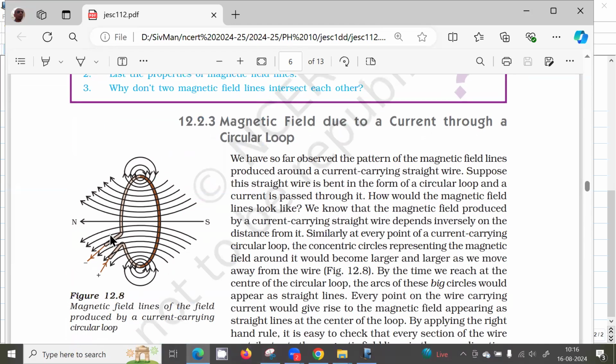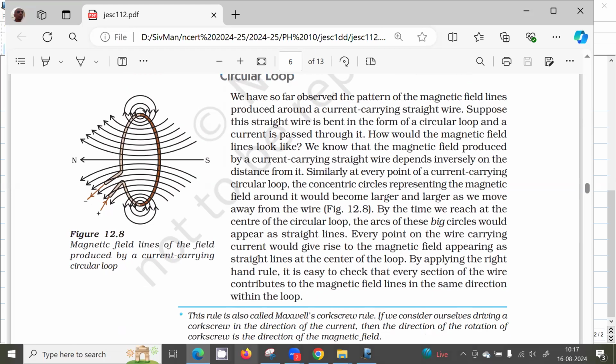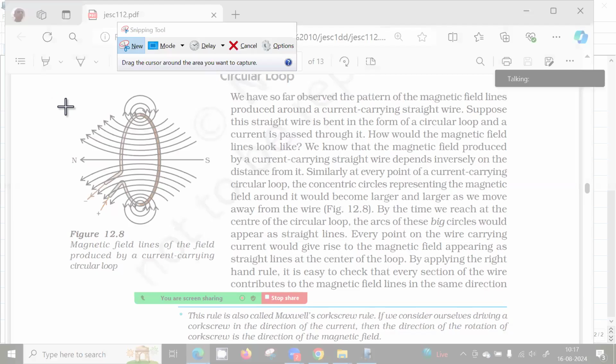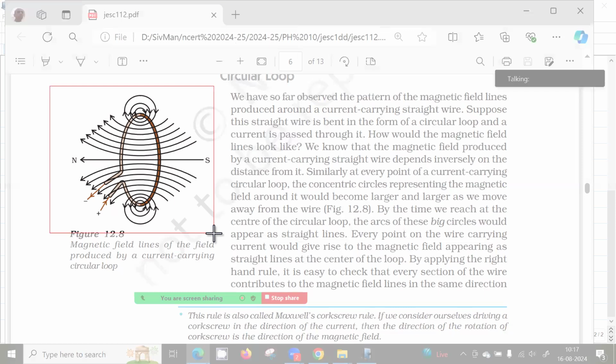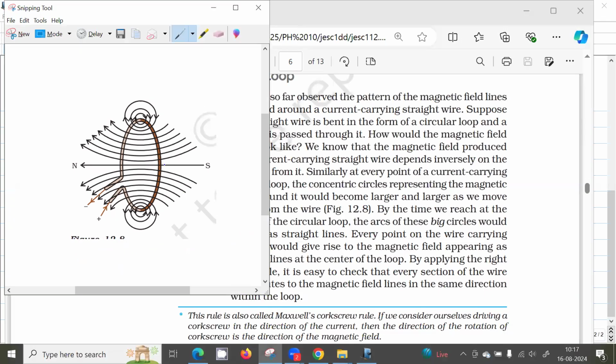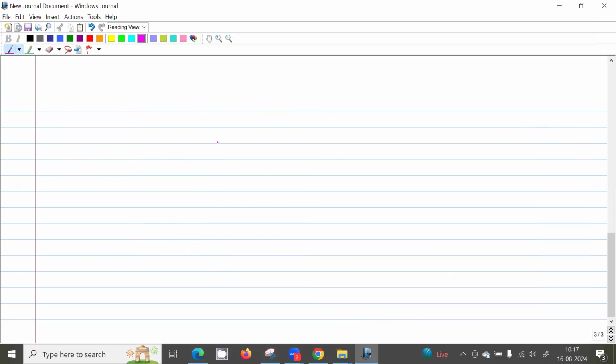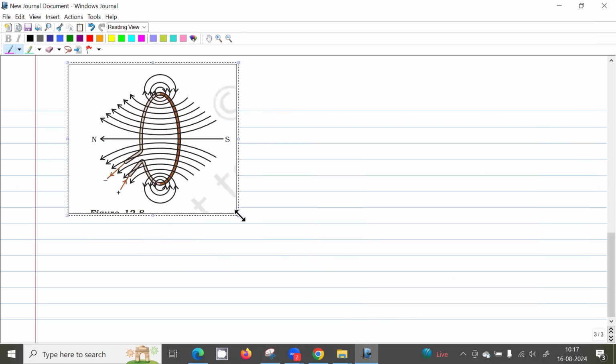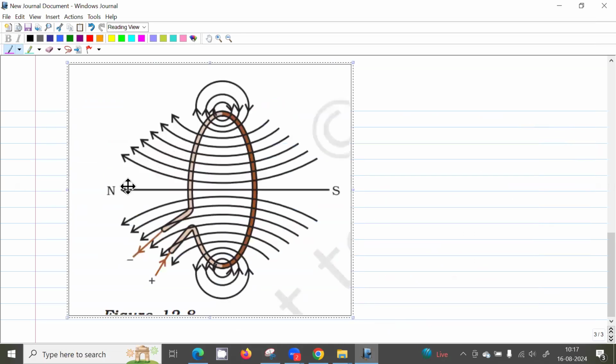So here, the current is going this way. This figure has to be drawn properly. Then you get the direction of the magnetic field. Thumb is towards right, right?